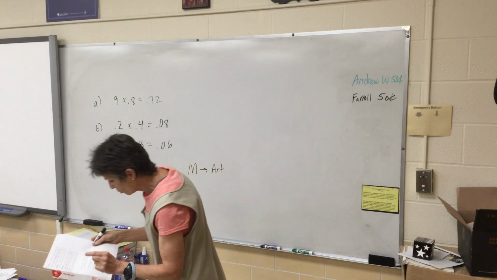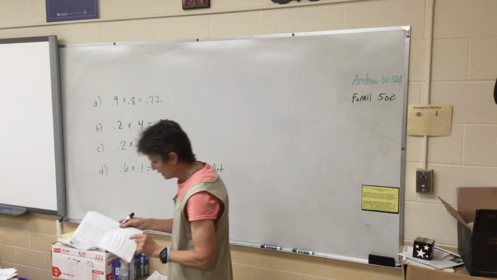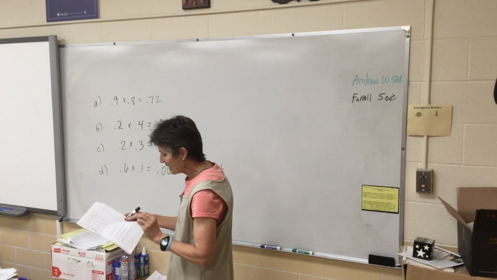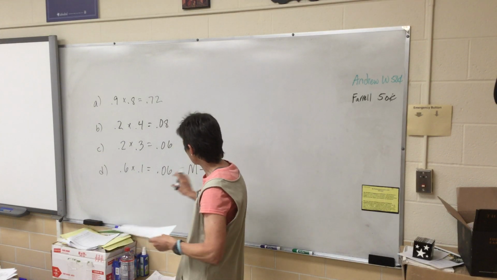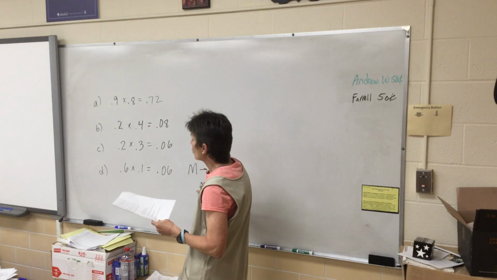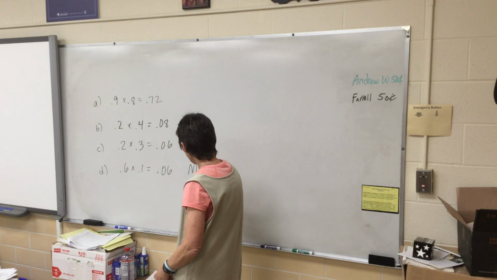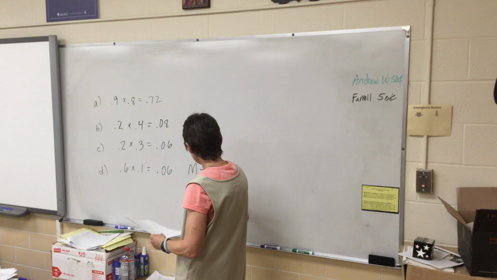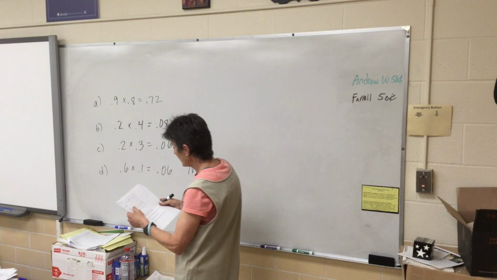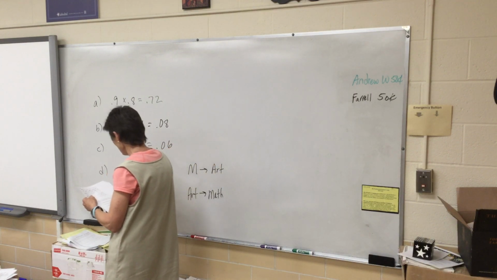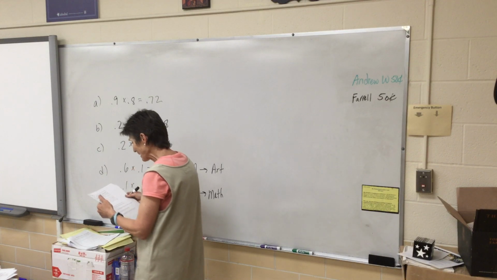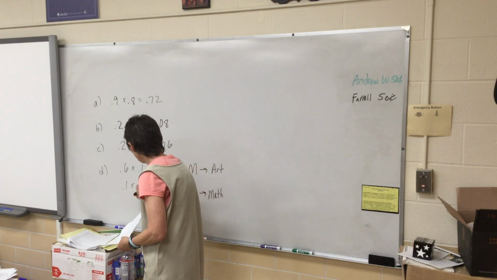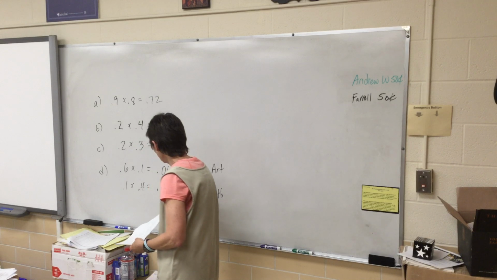But unlike question B, it doesn't say that it has to be math first and then art. So it could also be art and then math. So first class art is 0.1, second class math is 0.4, so that's 0.04.